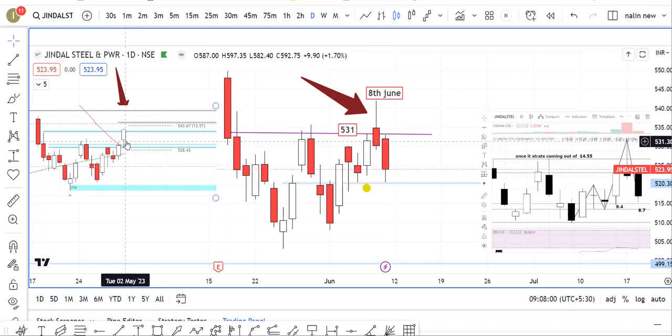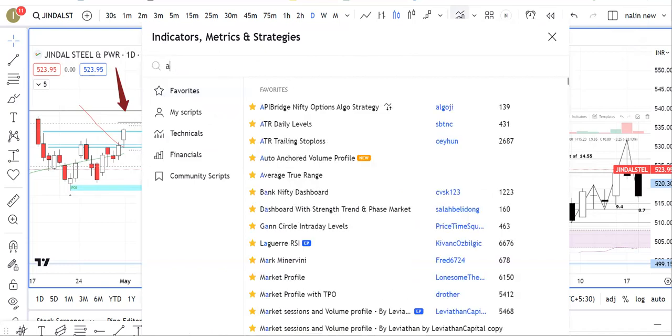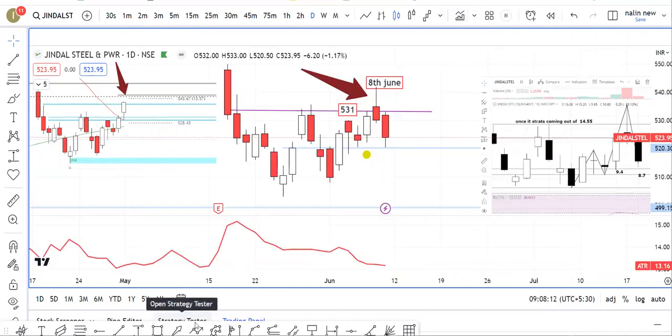Let me apply ATR, the average true range. For Jindal Steel Power it is only around 13 to 14 rupees.